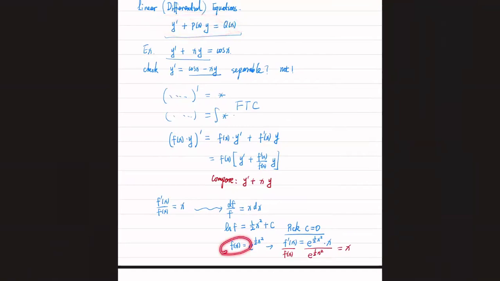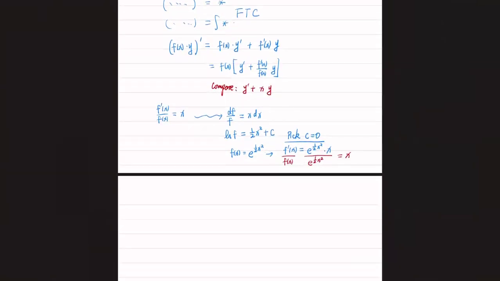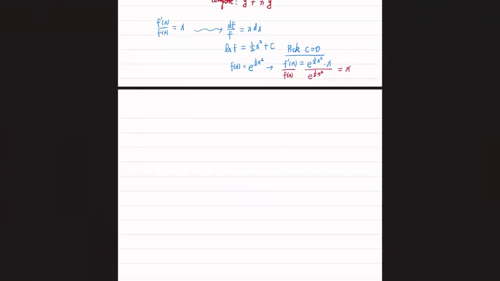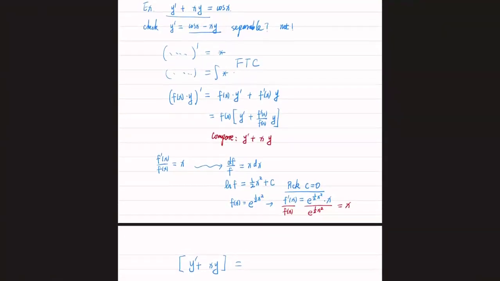Okay, so let me do it step by step. We multiply both sides by this f. I had cosine x.